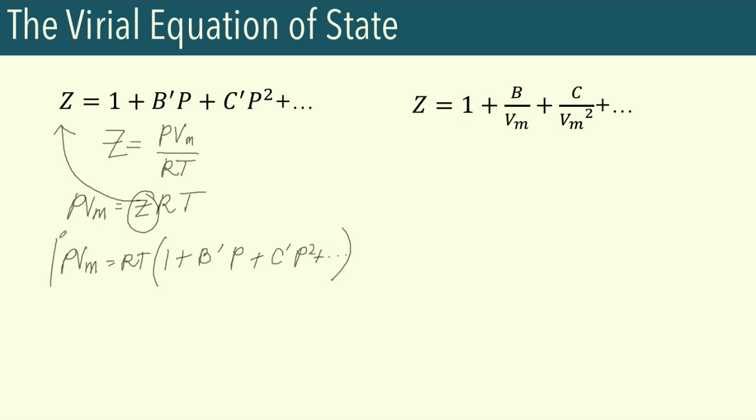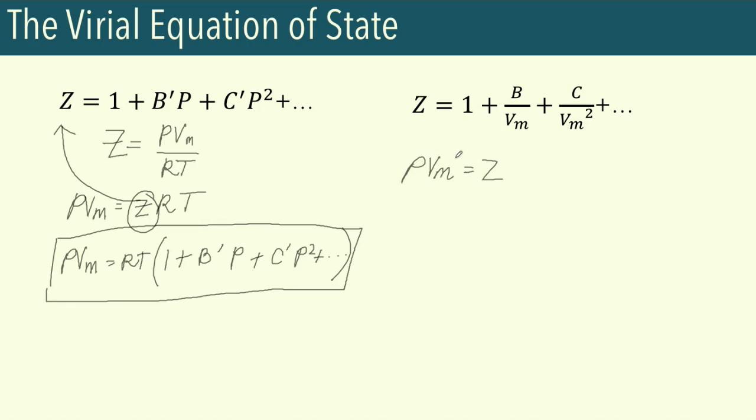Okay, so this is our virial equation of state. Let's also write another equation of state in terms of this here. Same treatment: we could write our expression for Z in terms of PVm is equal to ZRT and replace Z with this expression here.